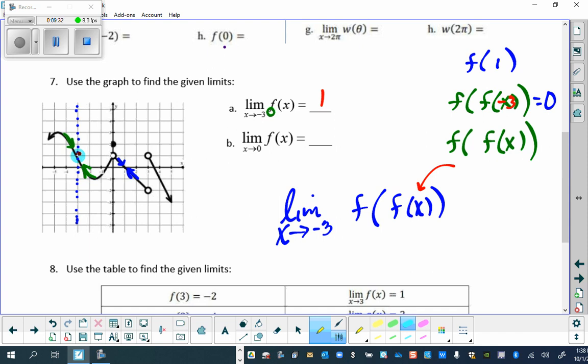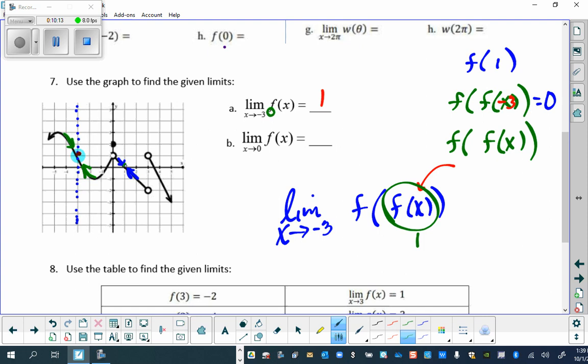So now I want to know the limit as x approaches negative 3 of f of 1. So I'm going to be looking at this output value of 1. So this becomes f of 1, and that's where I'm going to be looking here, and that's why it's 0.